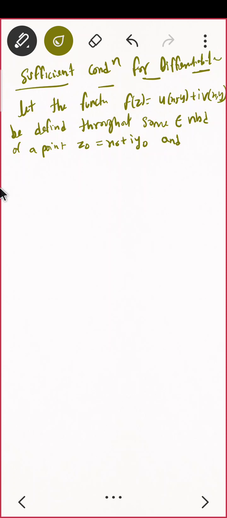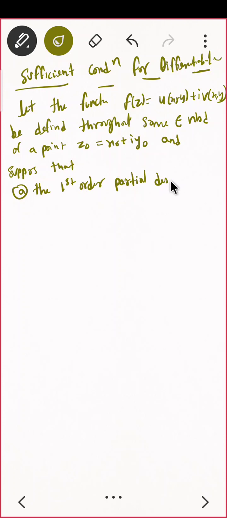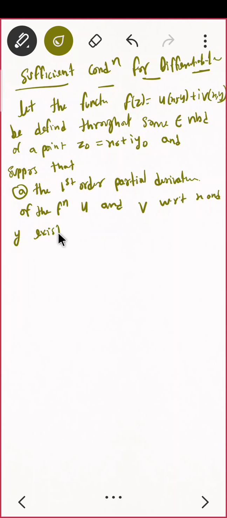And suppose that it is satisfying two properties, that is, first, the first order partial derivatives of the functions u and v with respect to x and y exist in the neighborhood. The first condition is that they should exist.